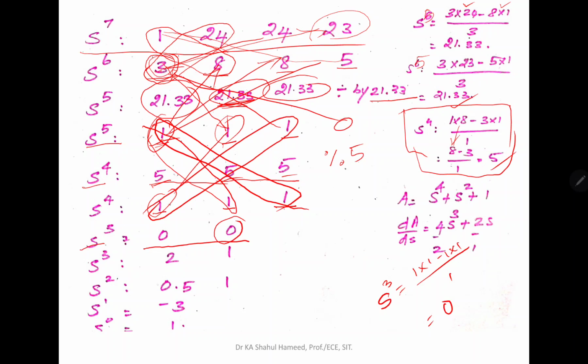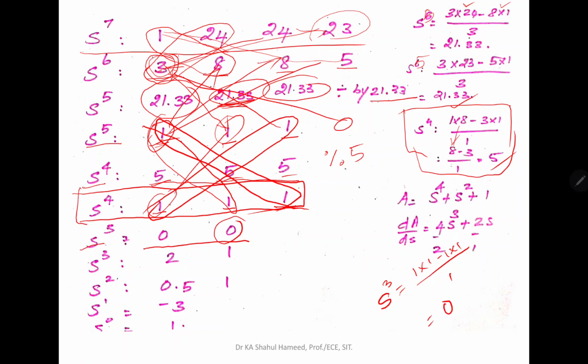If we proceed, all the elements in the Routh array may become 0 in the further rows, hence we have to use another technique, that is we are going to form an equation based on S power 4. Here we have the coefficients 1 1 1.